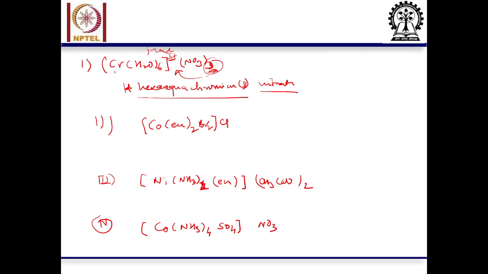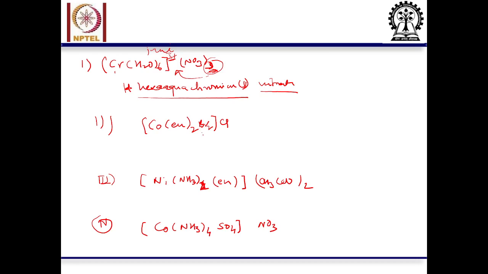Yeah, but somewhere else there is a minor mistake. Can anyone point out? That's fine. You can write ethane-1,2-diamine also and ethylene diamine, not an issue. But there is, yeah, correct.